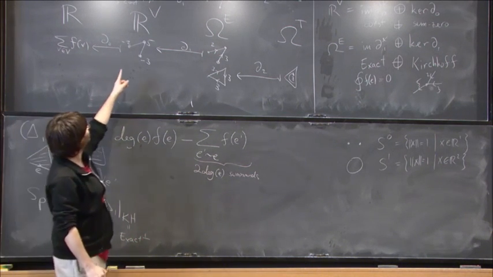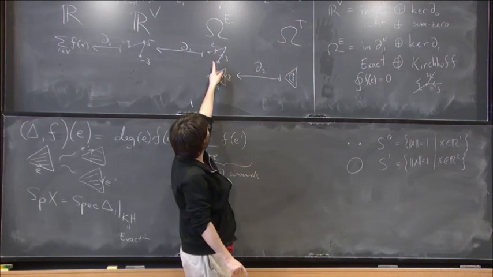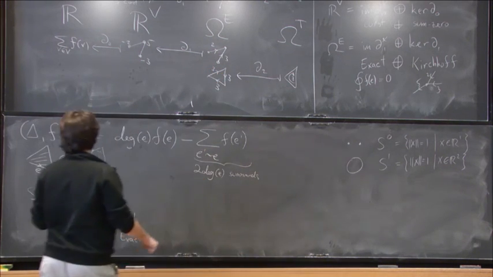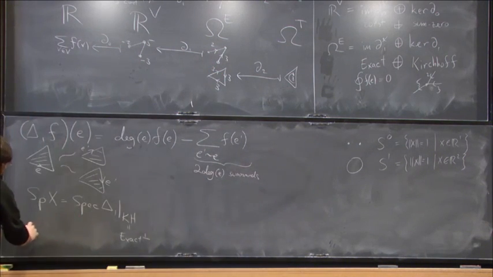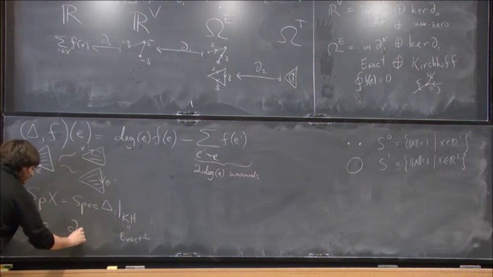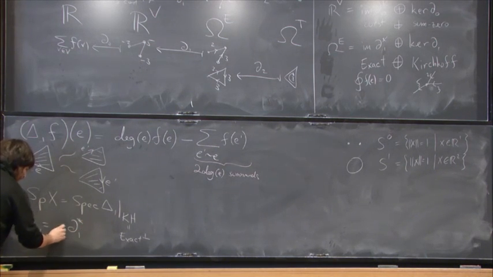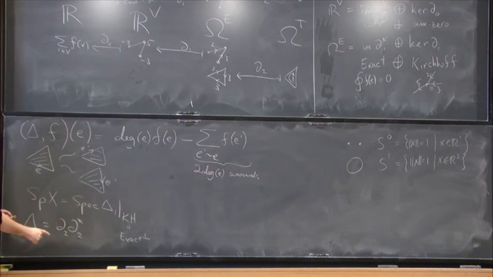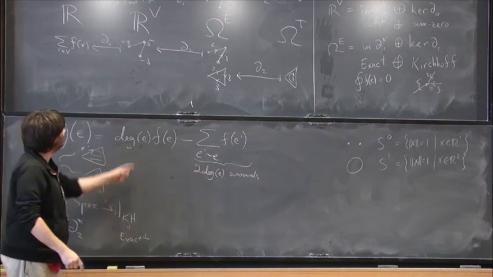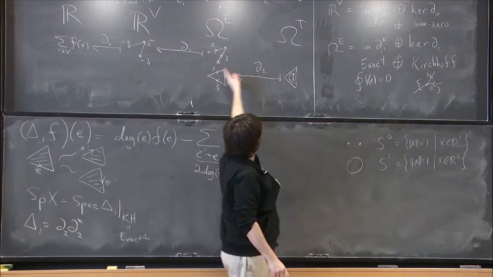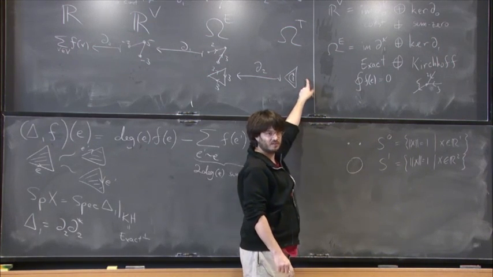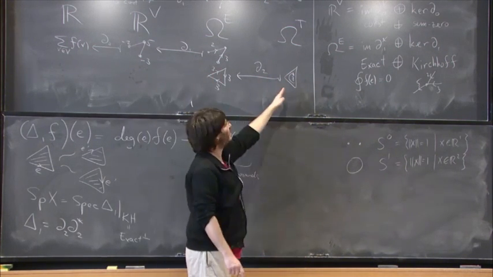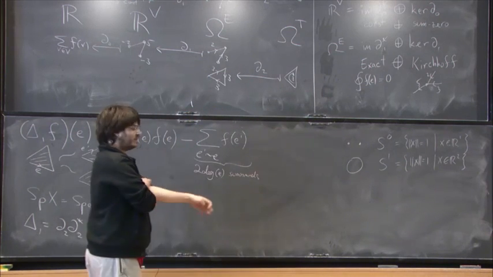Now, the exact functions are the ones induced from vertices, and then when I do the Laplacian, I didn't write it, but the Laplacian is going from vertices to triangles, and then back. So everything which comes from vertices, when I take it to triangles, it's 0. Right? If I take twice the derivative, it's 0.